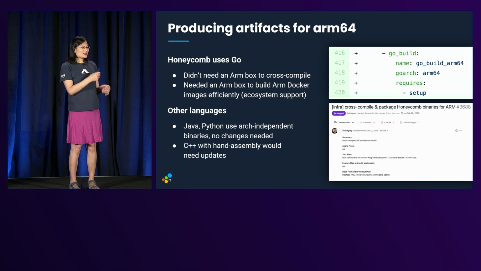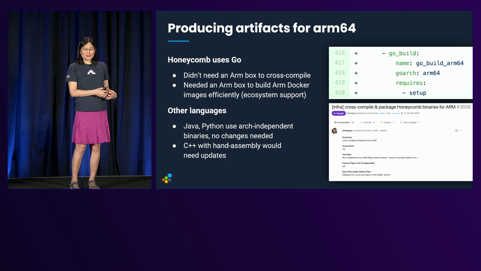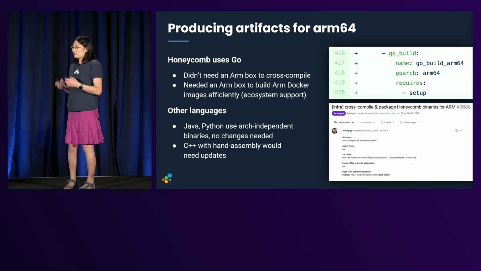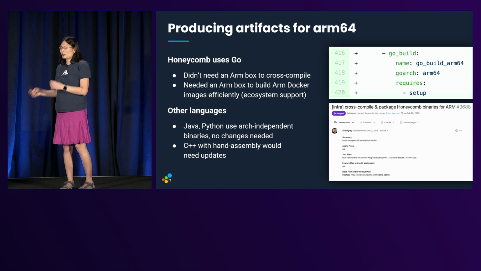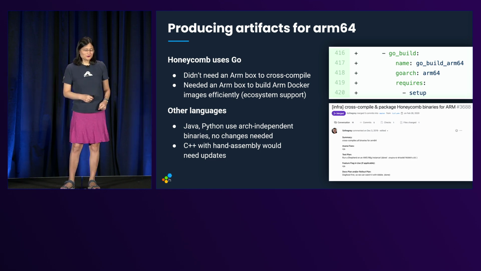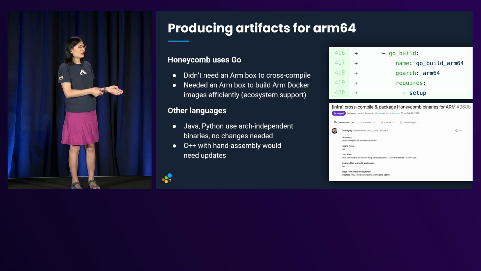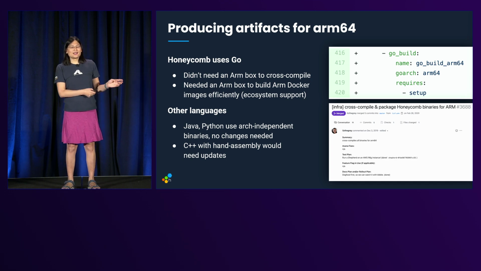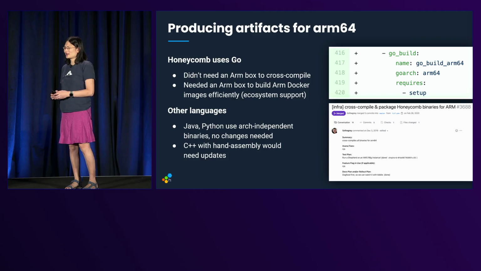So by just setting one environment variable, the GOARCH environment variable, we're able to make build artifacts, or binaries at least, that ran on the ARM architecture as opposed to the x86 architecture. If we'd been using Java or Python, it might have been even easier, because in those cases, unless you're using a native extension underneath your jars or inside of your Python using CPython, right?